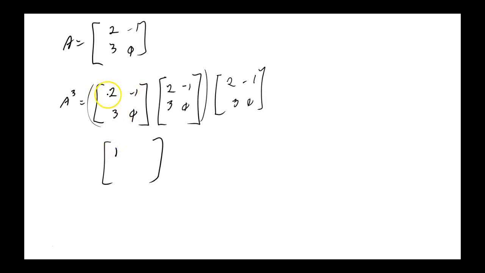Perfect. I think it's -2, isn't it? -2. Next. 6. -3. Okay. And we'll multiply that by [2, -1; 3, 0].